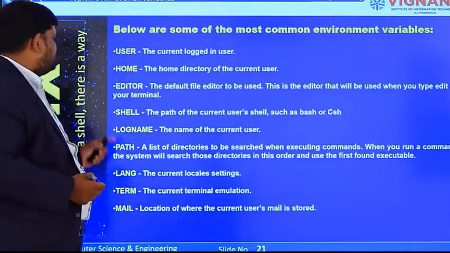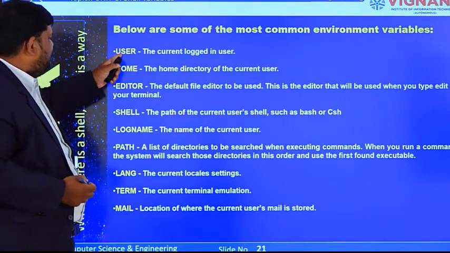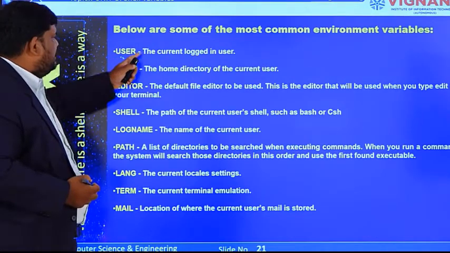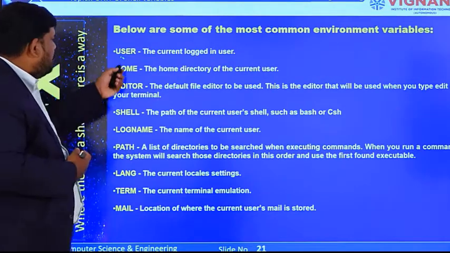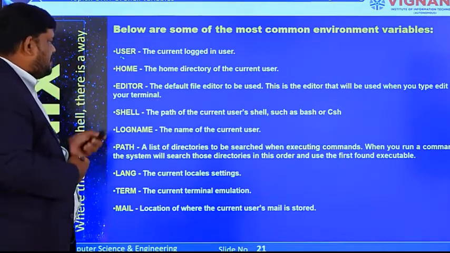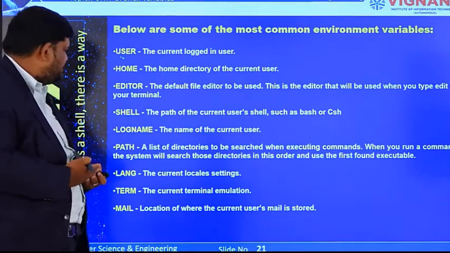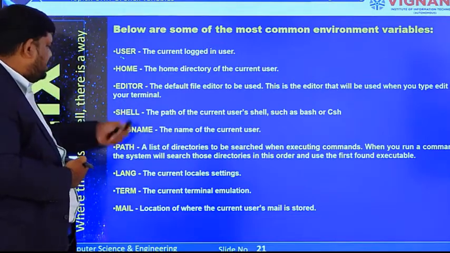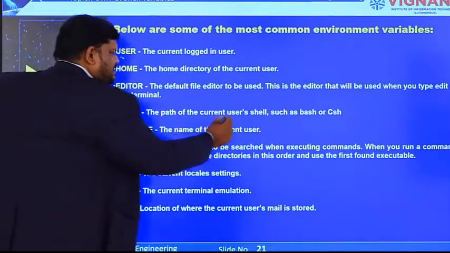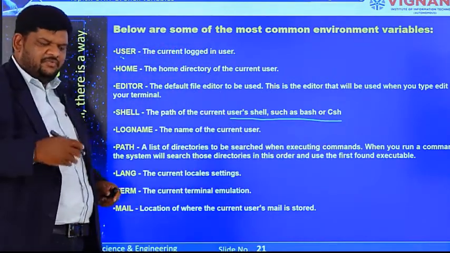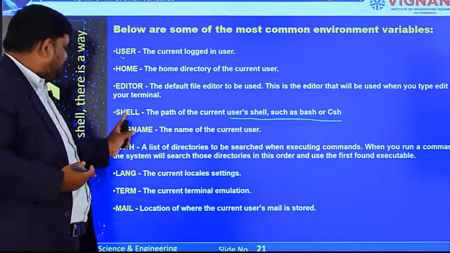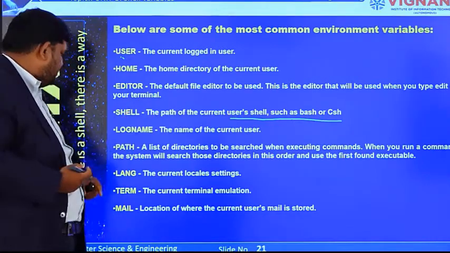Common environmental variables: one is USER. With the help of this environmental variable USER, the details of the current logged in user will come. With the help of the HOME environmental variable, the home directory of the current user will display. SHELL gives the path of the current user's shell, such as bash or csh. If you want to know which shell we are using, with the help of this SHELL variable, it will give that answer.